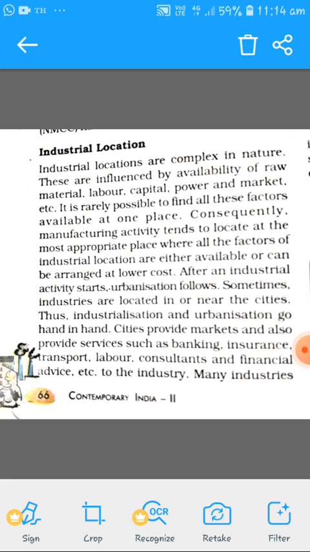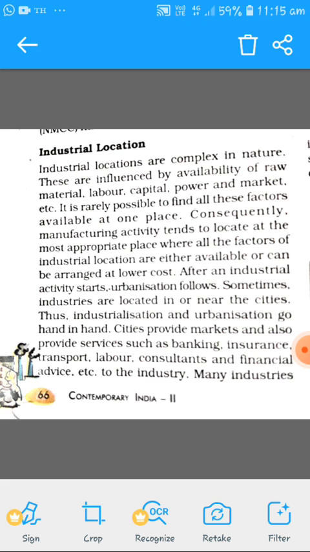It is rarely possible to find all these factors available at one place. Okay, it is worth noting that all these factors cannot be found in every place. Consequently, means as a result, manufacturing industry tends to locate at the most appropriate place where all the factors of industrial location are available and can be arranged at lower cost.